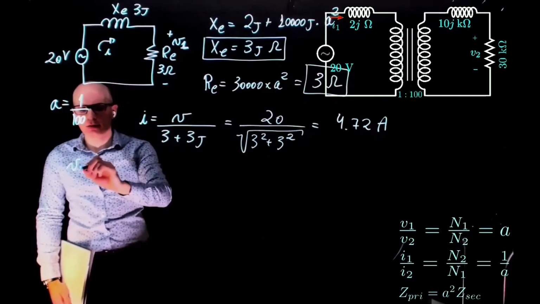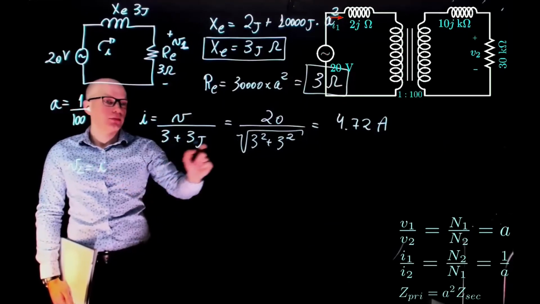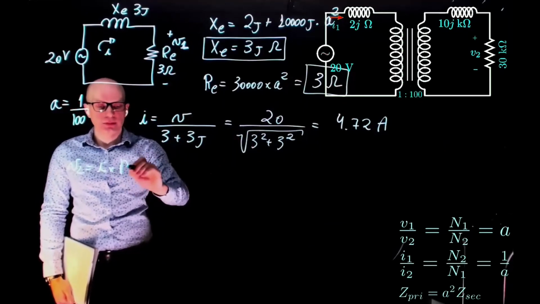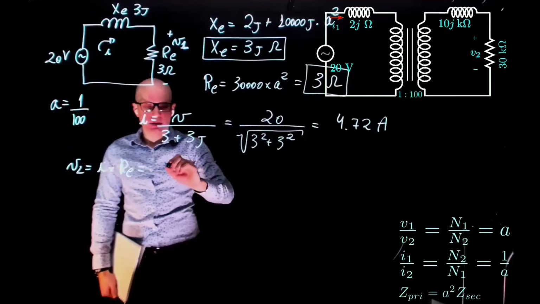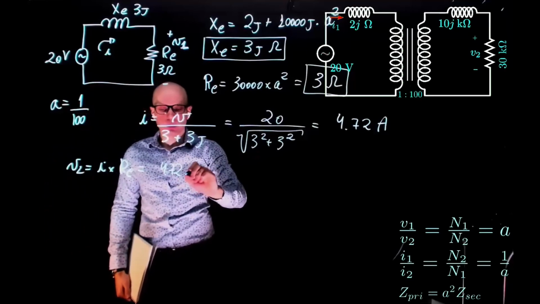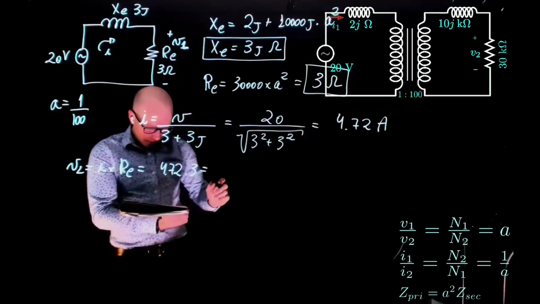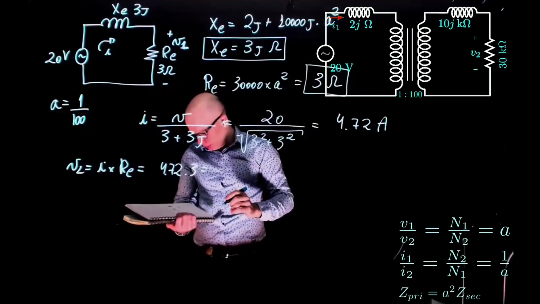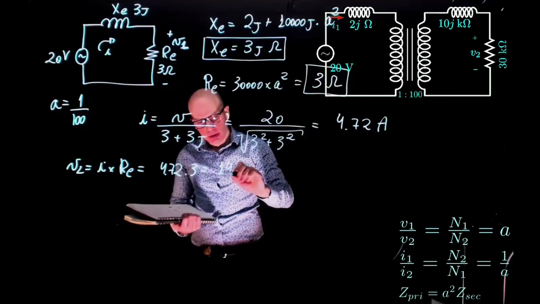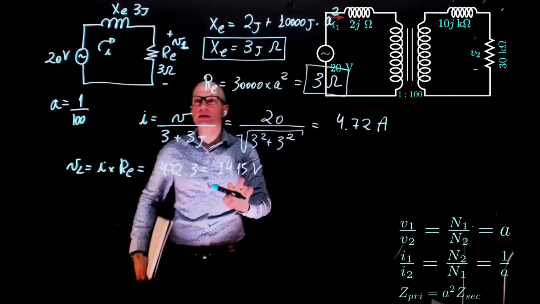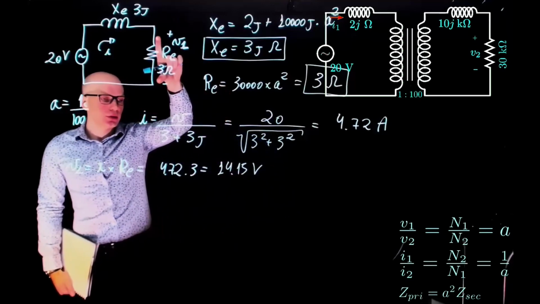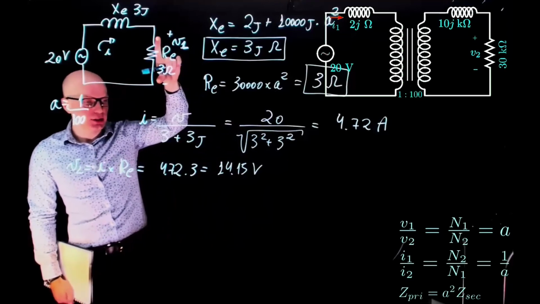So VL is I times RE, which is 4.72 times 3. This is 14.15 volts. So this is the voltage in the equivalent circuit side.